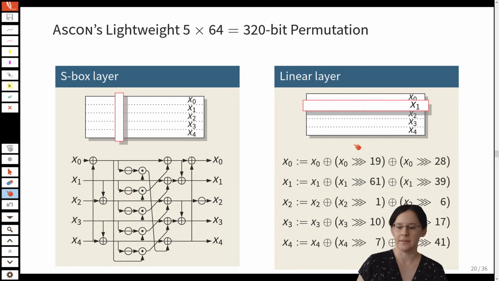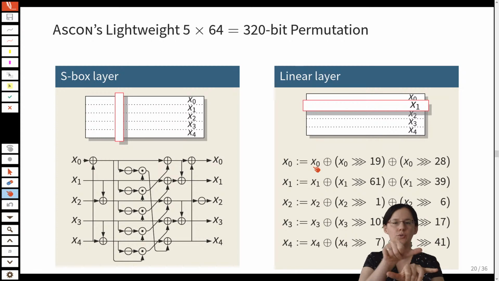And the linear layer is now responsible for the diffusion within the words. So it's an operation that is applied to each word separately. And actually for each word we have a slightly different definition, which has the same format, but some different constant offsets. So what this does is it takes the word it has, makes 2 copies of it, and shifts these copies by different amounts, and then XORs all the results together.